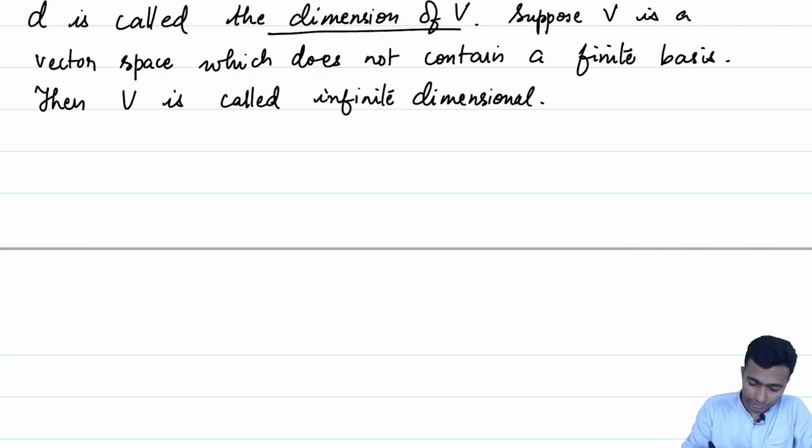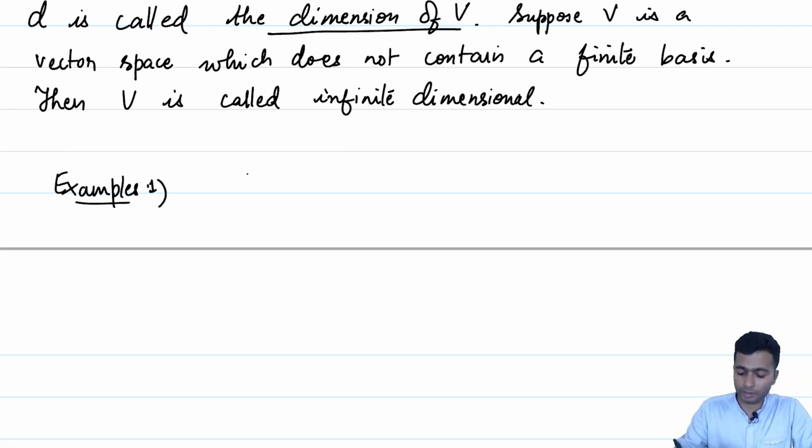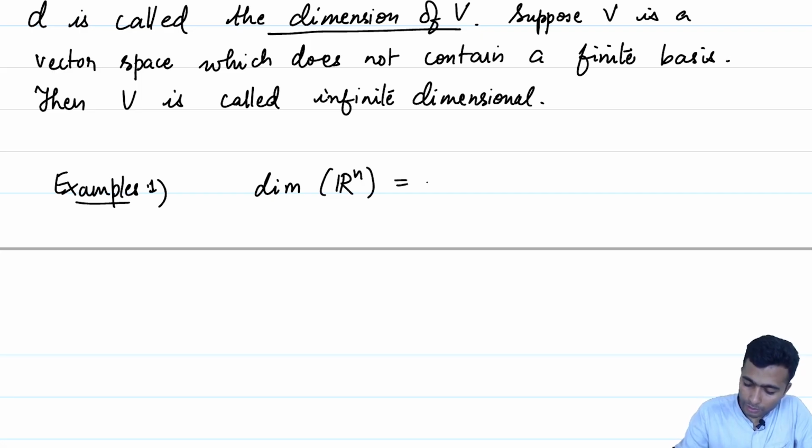Let's look at some examples. Maybe the first example could be of Rn. Dimension of Rn is equal to n. Why is that the case?